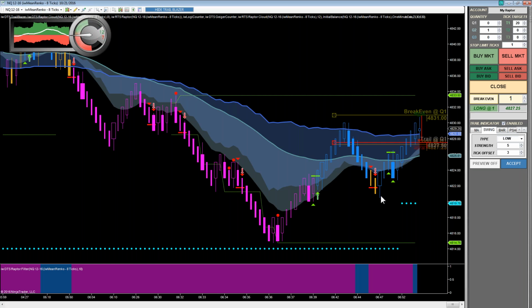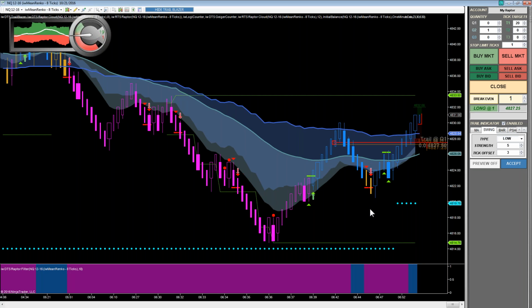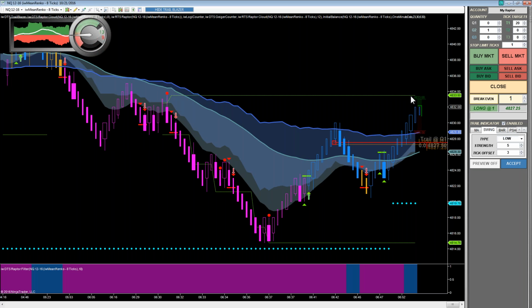I'm taking a bit of a chance. Ideally, the best stop is down here at 48.19, 48.20. All right, might have caught a lucky break. Tagged the break even regardless. Next obstacle, the high of the morning at 48.33 1/2.